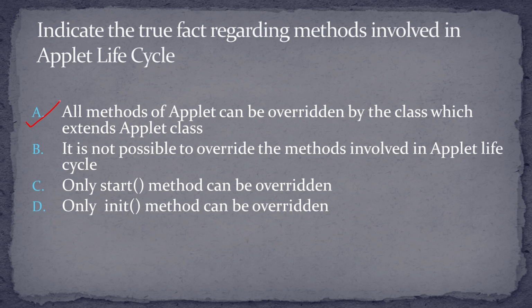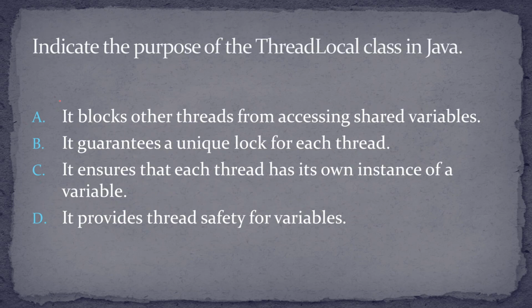Fine. So let's move on to our next question that asks the purpose of ThreadLocal class in Java. The purpose of ThreadLocal class in Java is to ensure that each thread has its own instance of a variable, right?